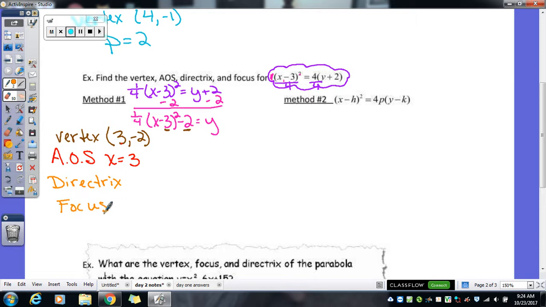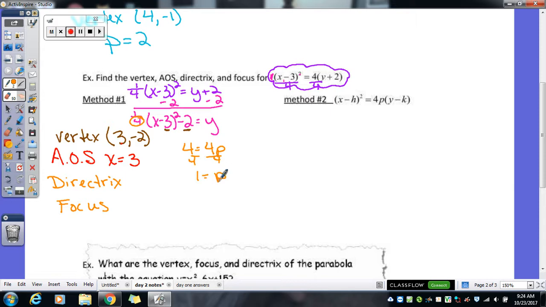So what you have to remember from our formula, this value down here equals 4p. So p is going to equal 1, because I would divide by 4, and my p-value is 1.